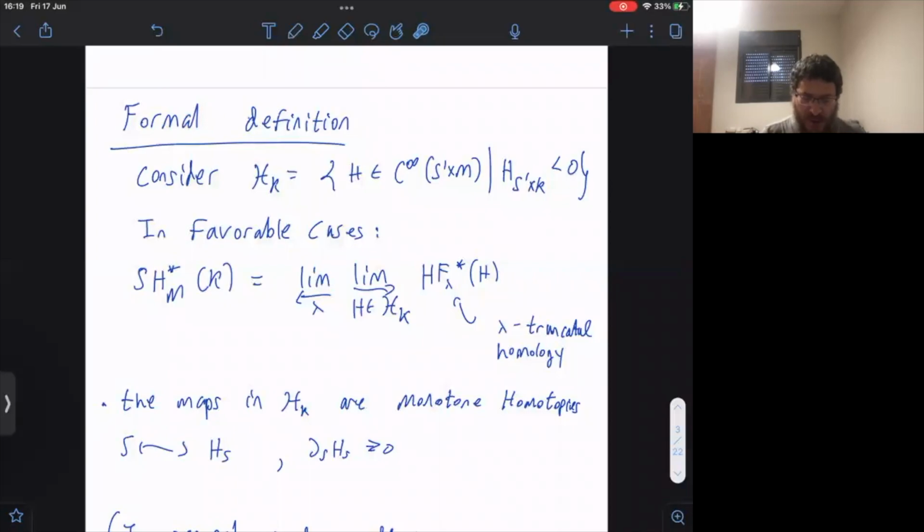And then you take the inverse limit over all truncations.